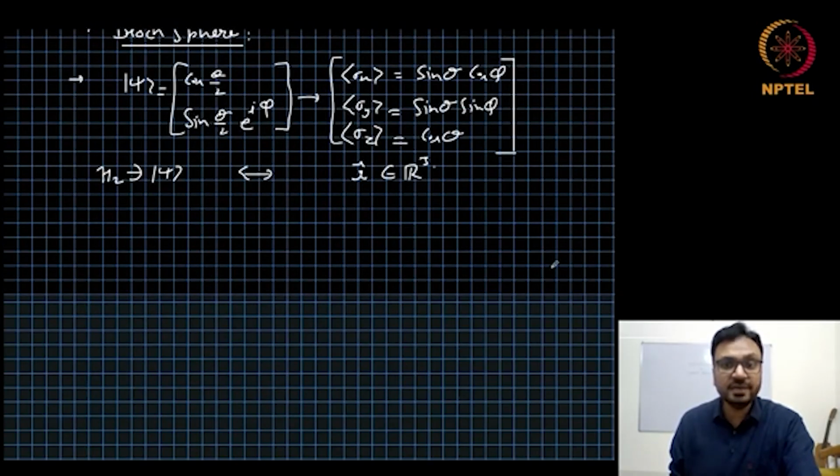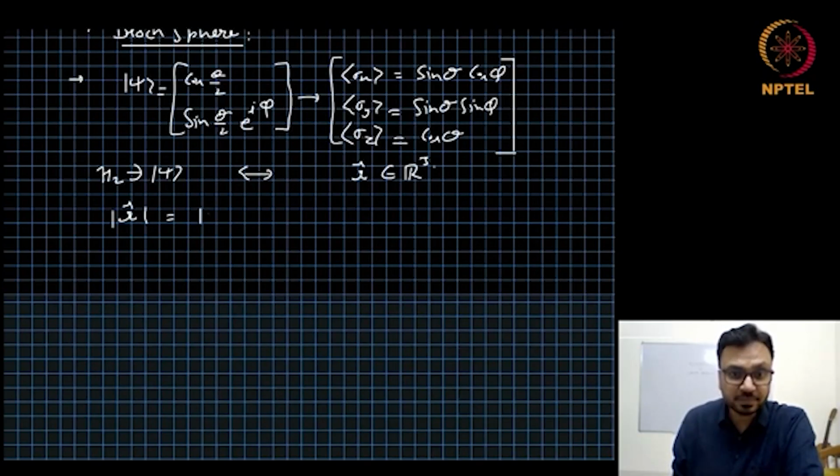And if we look at it carefully, this vector R, which is from the three-dimensional real space, its magnitude is 1. We can calculate it: the sigma x expectation squared plus sigma y expectation squared plus sigma z expectation squared, and then the square root.